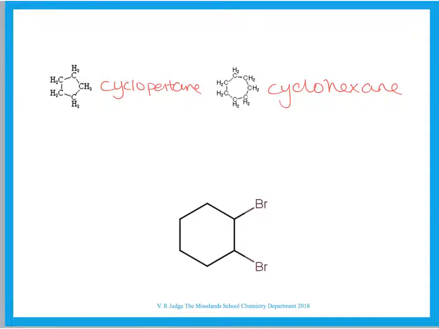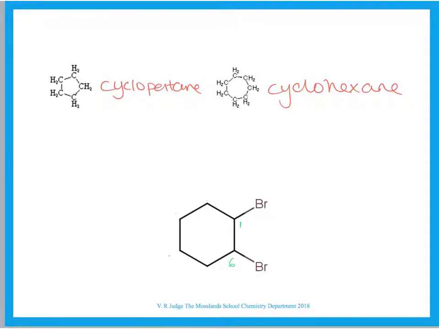And then of course you can have substituents coming off of cyclic alkanes as well. So here you've got bromine atoms. So all you need to do is number so that one of the carbon atoms in the ring has a substituent coming off it, and so that when you do number them, the substituents are based on the lowest number of carbon atoms. So if we call this carbon number 1, if you were to go anti-clockwise, 2, 3, 4, 5, this would be carbon number 6.